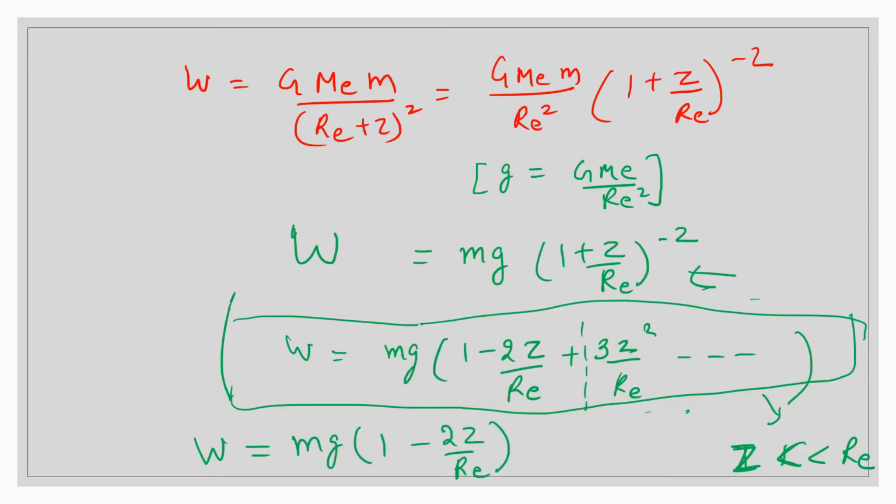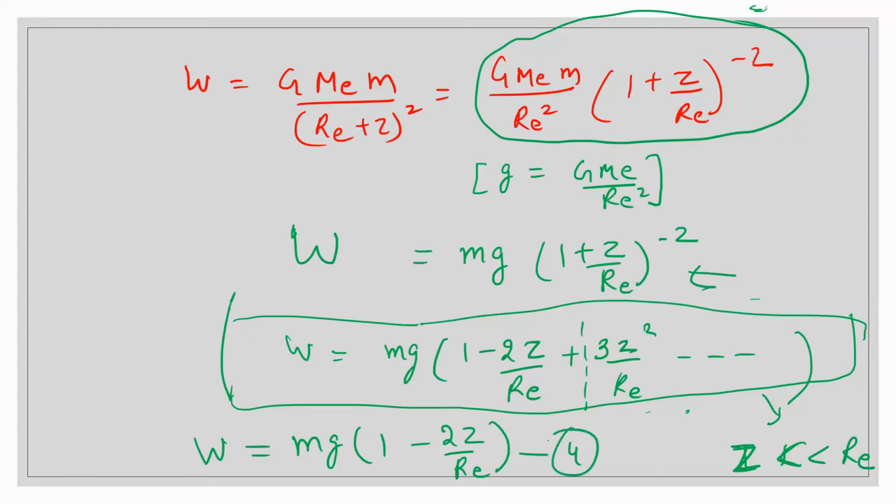So this one is a very simple formula as compared to the upper one, right? With this formula, equation number 4, you can find out the weight of the object which is kept at distance z from the surface of the earth. But this approximation will only hold good if your z is very small compared to the radius of the earth.